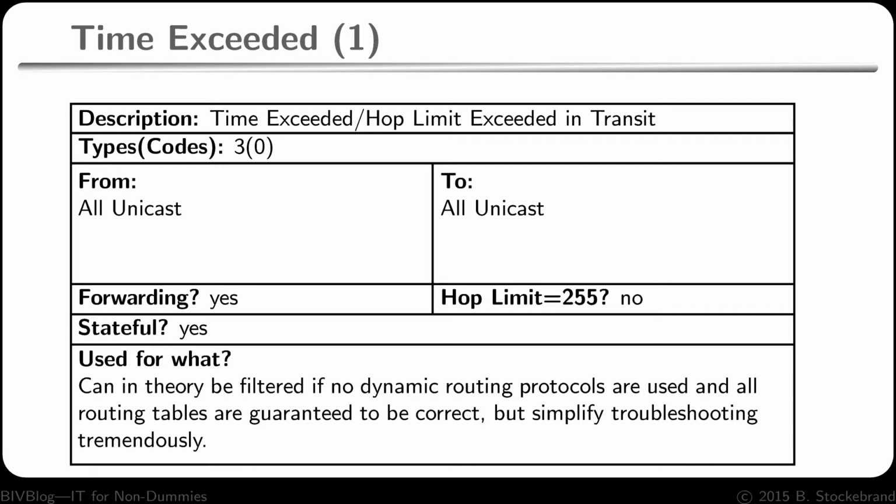And if you filter these and you use dynamic routing, or somebody else along the path uses dynamic routing, all sorts of funny things happen. If you filter these, troubleshooting will be, once again, a real pain in the ass. So don't filter them unless you really, really, really know what you're doing, and only do this in a closed network.